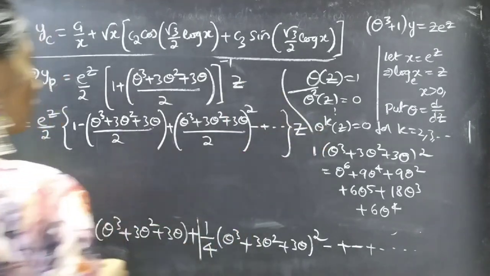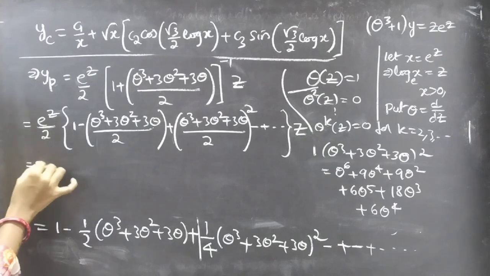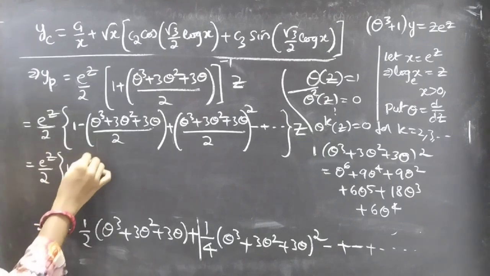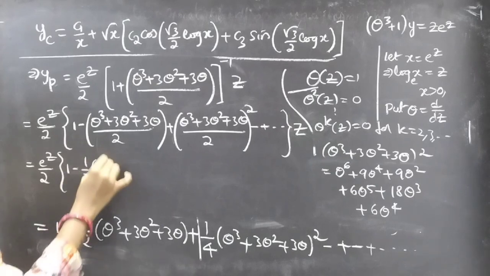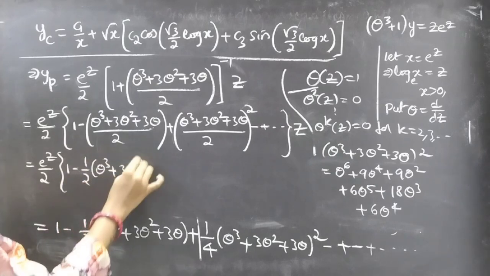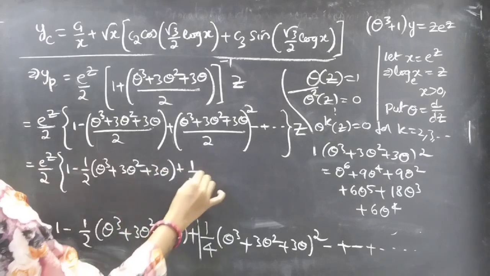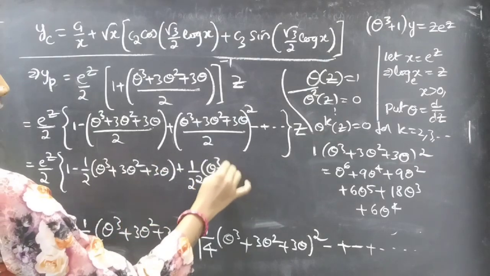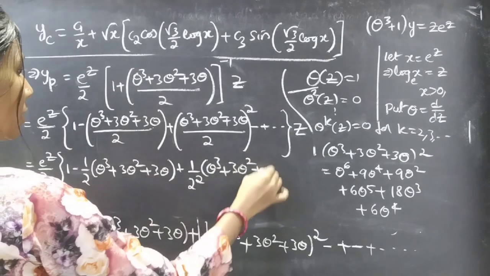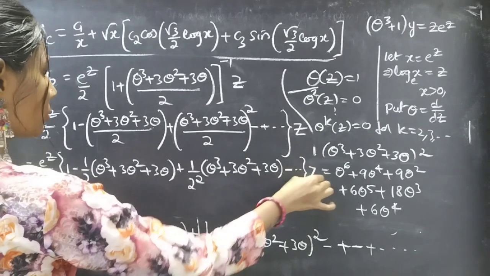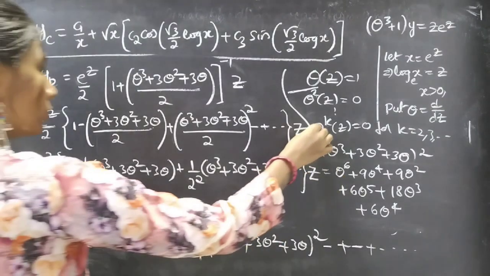This equals e power z by 2 into 1 minus 1 by 2 into (theta cube plus 3 theta square plus 3 theta) plus 1 by 2 square into (theta cube plus 3 theta square plus 3 theta) minus, and so on, into z.